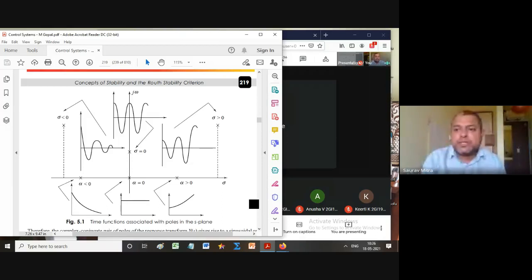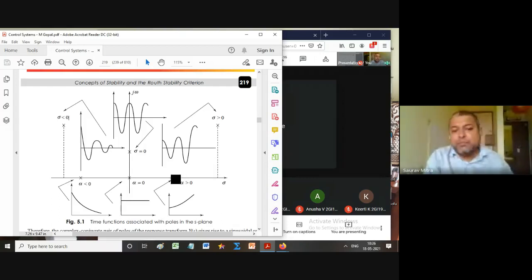If I give you Y(s) equal to 1 by s plus 5, you have to understand that s is equal to minus 5. That means in time domain y(t) will be equal to e raised to minus 5t. So actually you have to plot e raised to minus 5t. The input is s equal to minus 5 for that Y(s), and the response output will be e raised to minus 5t. After you find this, you have to comment whether this characteristic is stable or unstable.